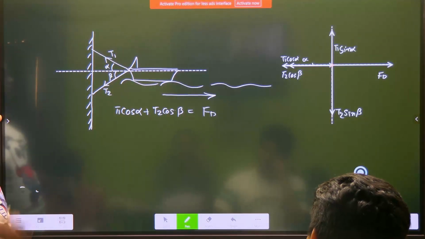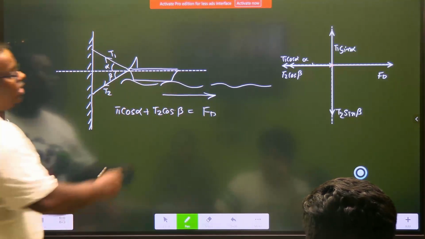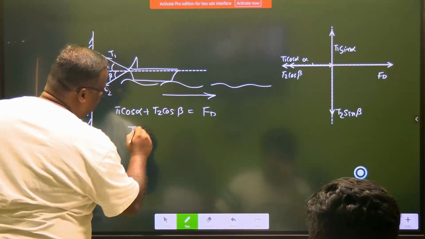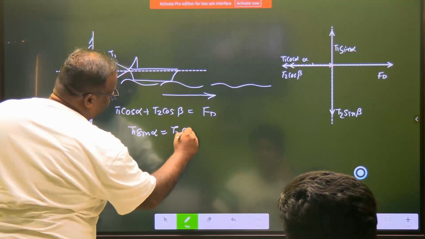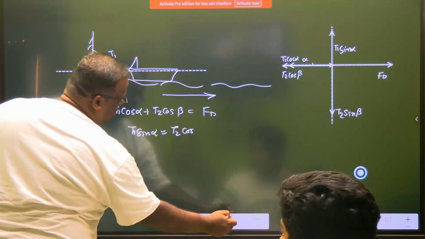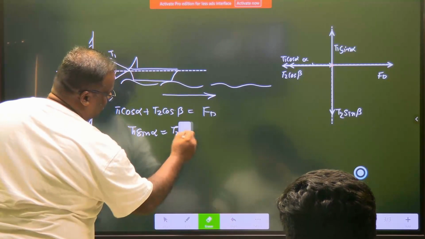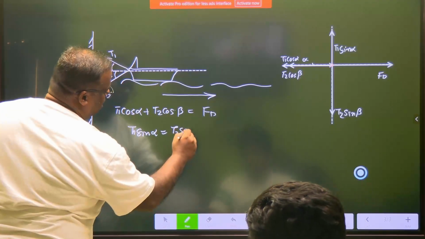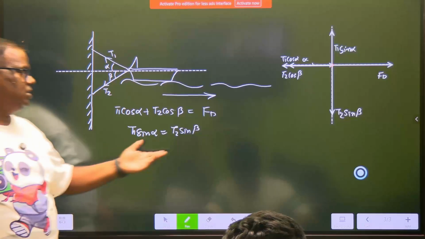They will give one tension, and the other will come out. Or else one more relation, T1 sin alpha must be equal to T2 sin beta. So from here also you can take a ratio of T1 by T2 as sin beta by sin alpha.